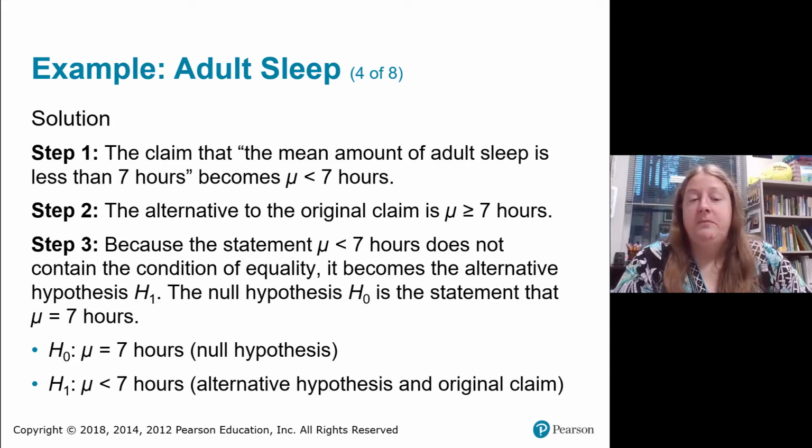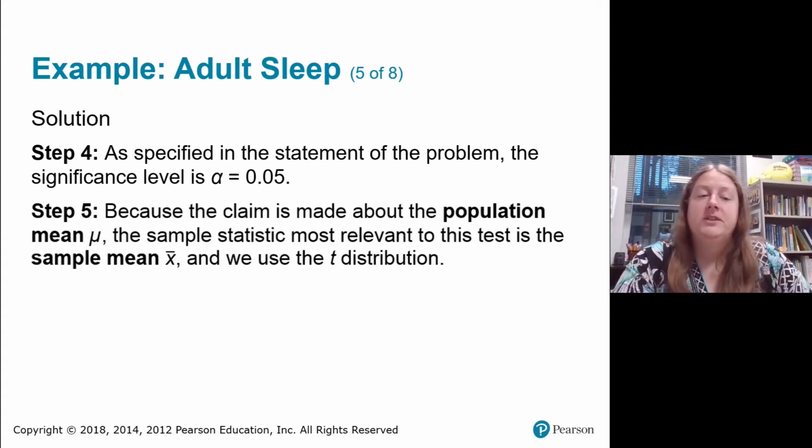Then our alternative hypothesis is the claim from step 1 and step 2 that doesn't have the equal sign. That would be that the population mean is less than 7 hours. That's also the original claim that we were wanting to test. So it's perfect. We have our null hypothesis and our alternative hypothesis, ready for step 4.